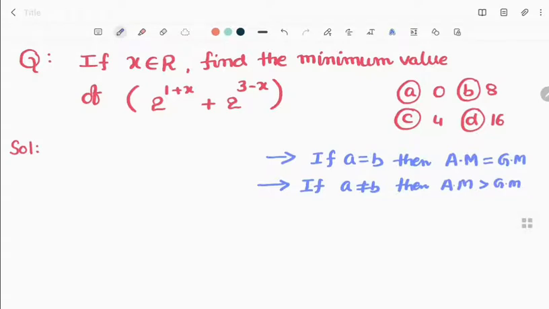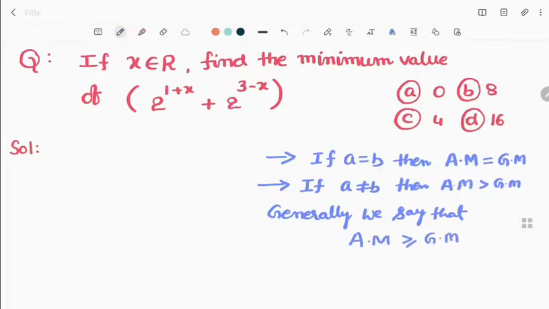Generally, we can say that greater than or equal to. In general, we can say that arithmetic mean is greater than or equal to geometric mean.